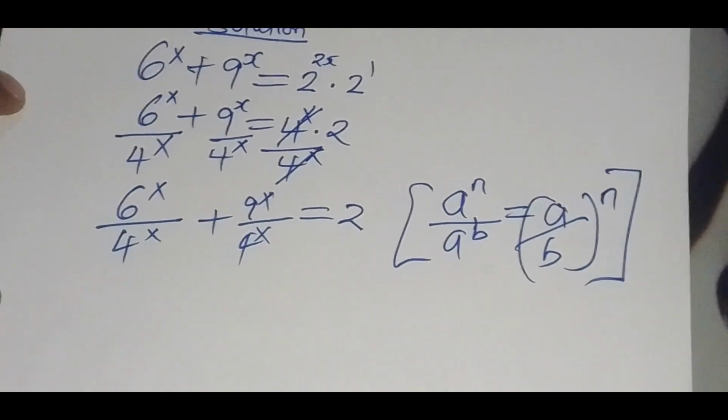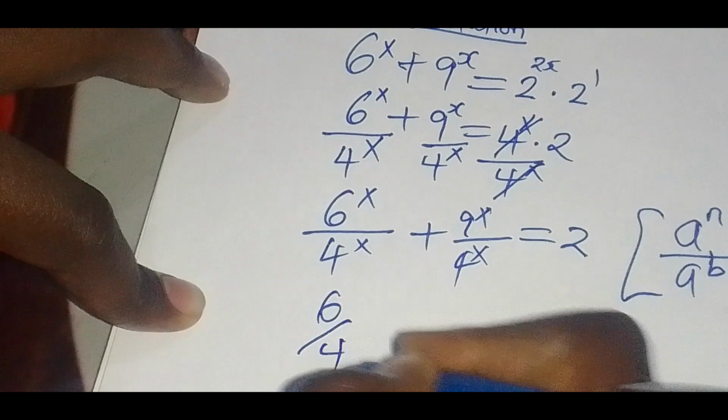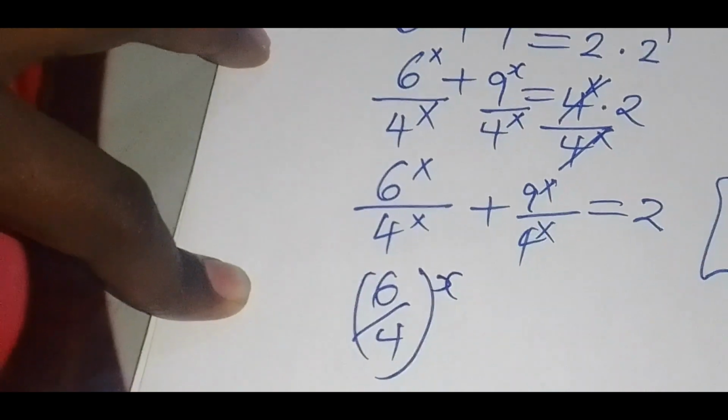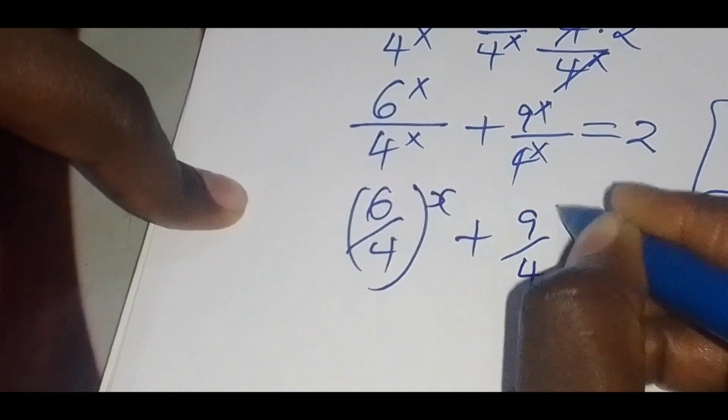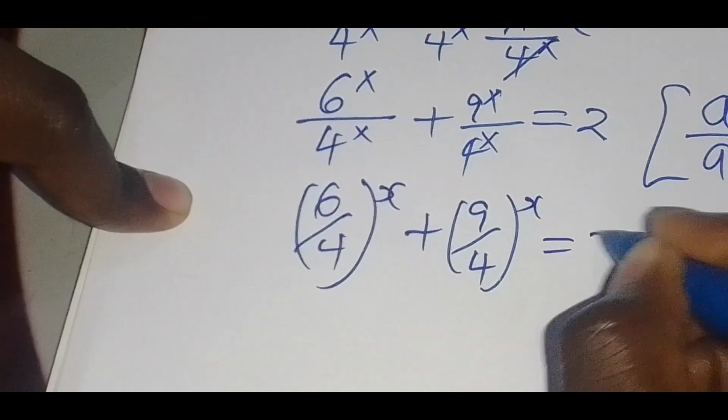So according to the rule of indices identity, we'll have 6 over 4 raised to the power x plus 9 over 4 raised to the power x. This is equal to 2.